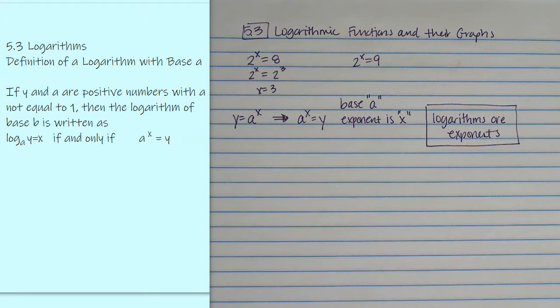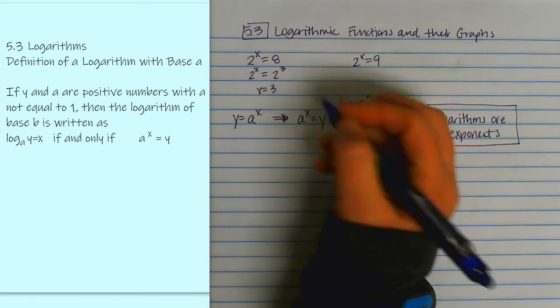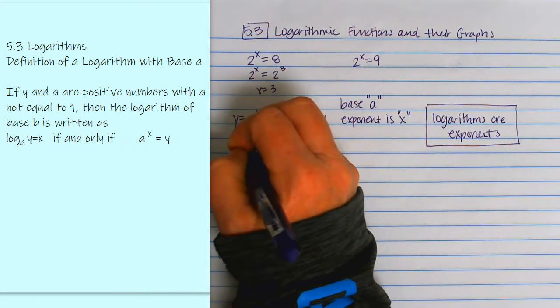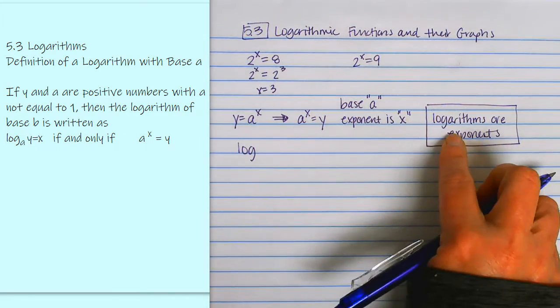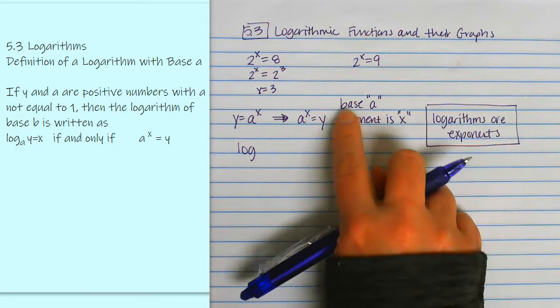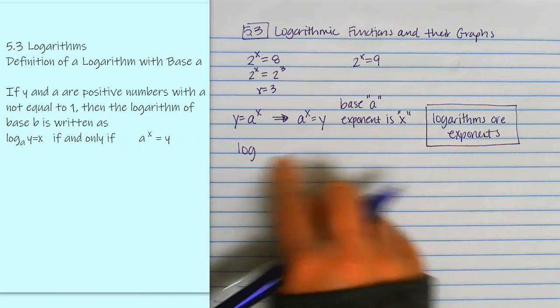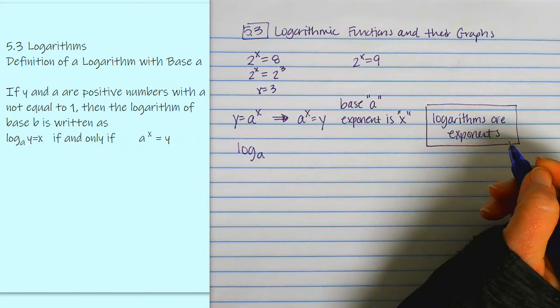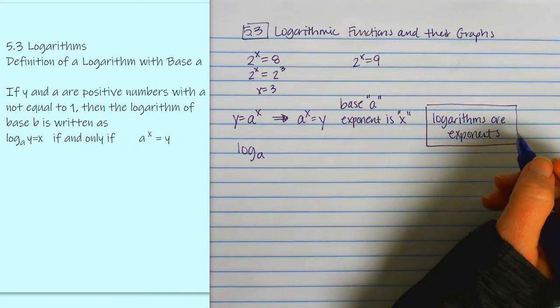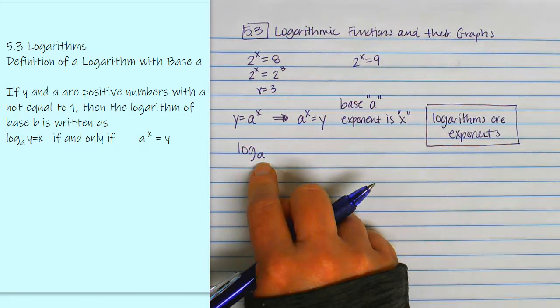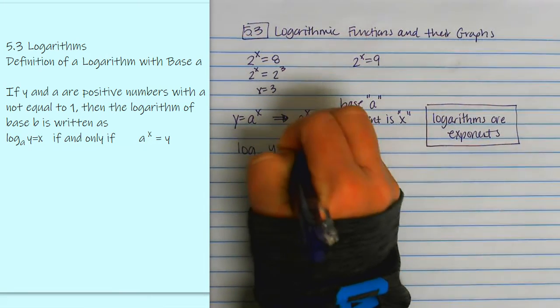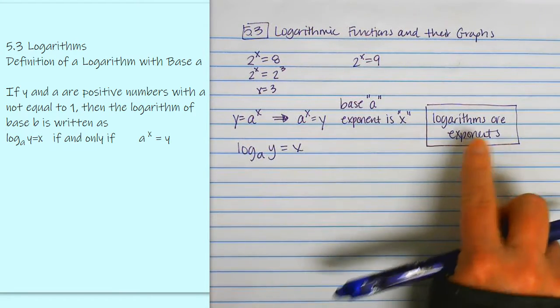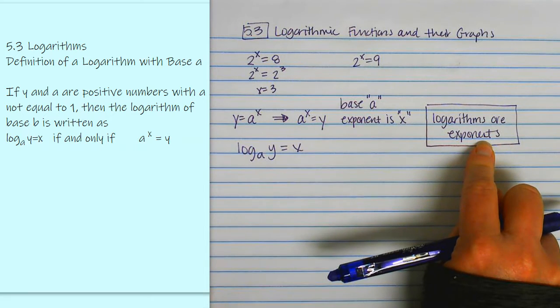That means that if I rewrite a logarithm, this is the rewritten equation, log for logarithm, we're going to use base a in our notation. So we're actually going to write it lower, as a subscript. Opposite an exponent, this is a subscript, but it's base, which is going to be easy to remember. It goes down like basement. Log base a of y equals x. Now, this in a box: logarithms are exponents.